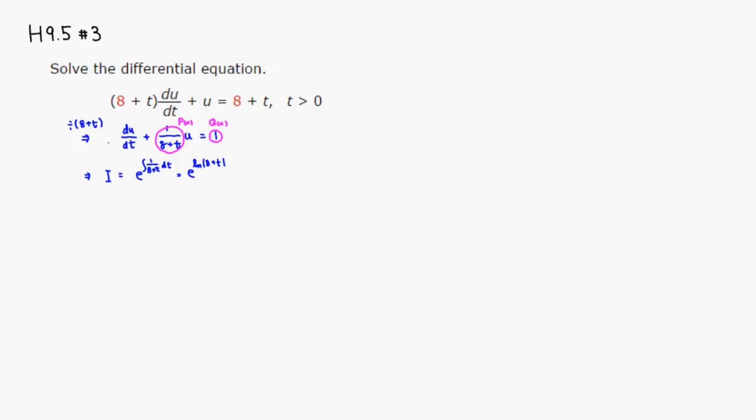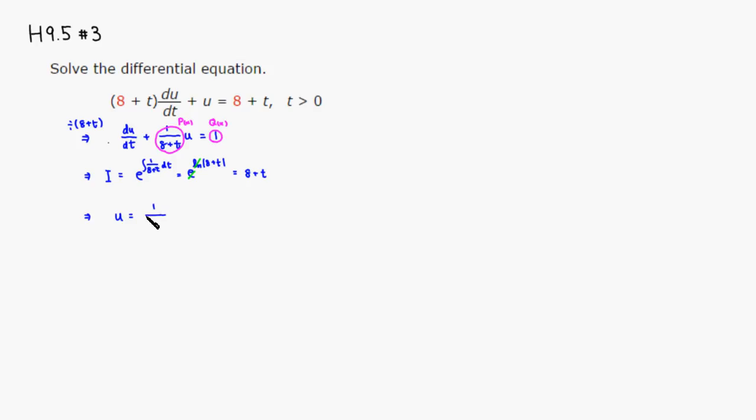Then we can cancel e and the natural log, and we end up getting just simply 8 plus t.